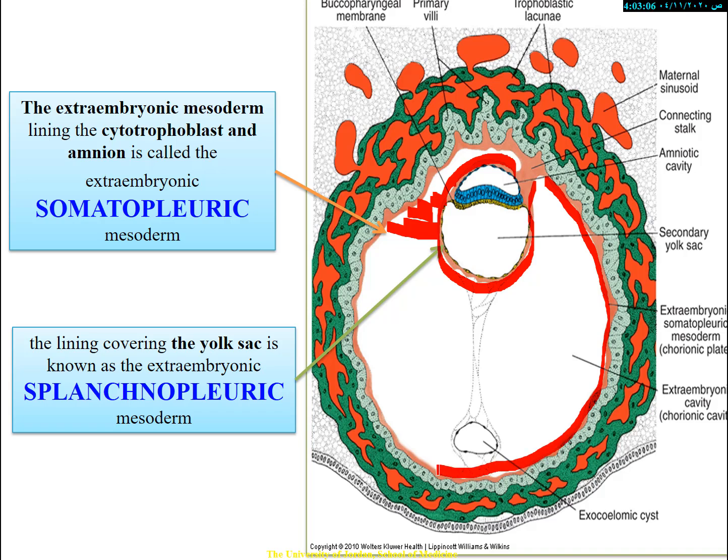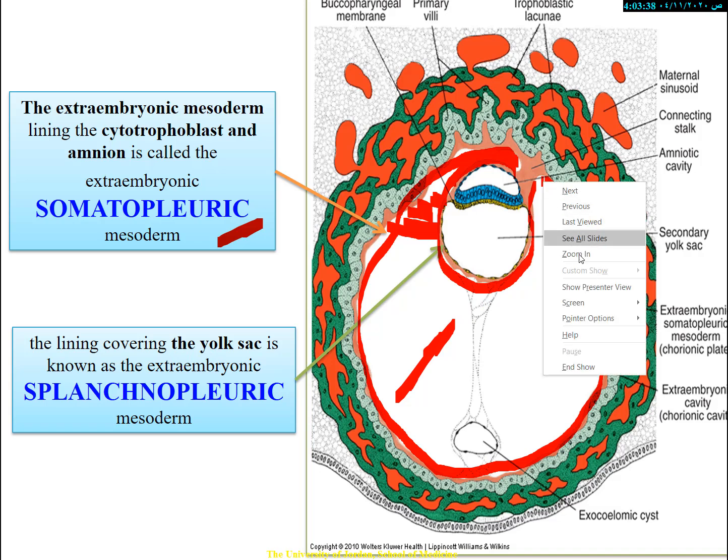So you would understand that we have a new cavity here. This is the extraembryonic mesoderm lining the cytotrophoblast, and the amnion is called the extraembryonic somatopleure. This is the red one here, somatopleure, and the covering of the yolk sac is known as splanchnopleure.